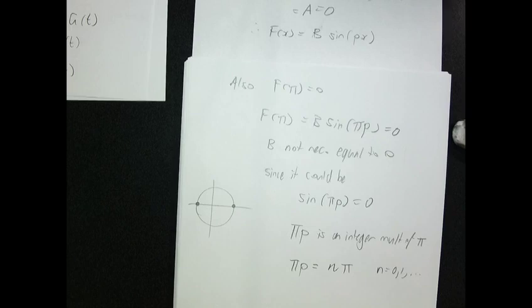Okay, and so therefore p is just n. Sweet. Okay, note that if I had instead back there said that f of 2 pi was 0, I would have gotten a 2 pi p here, and I would have gotten n on 2.